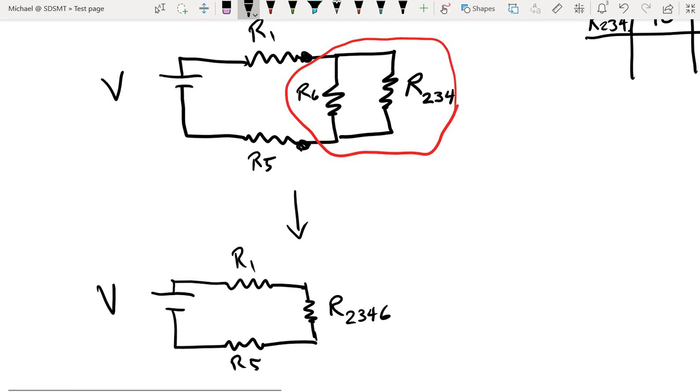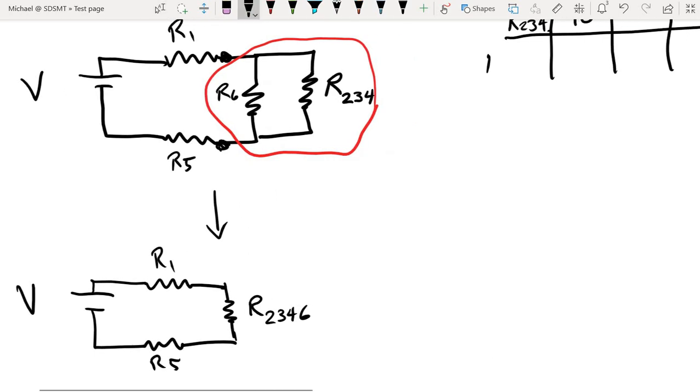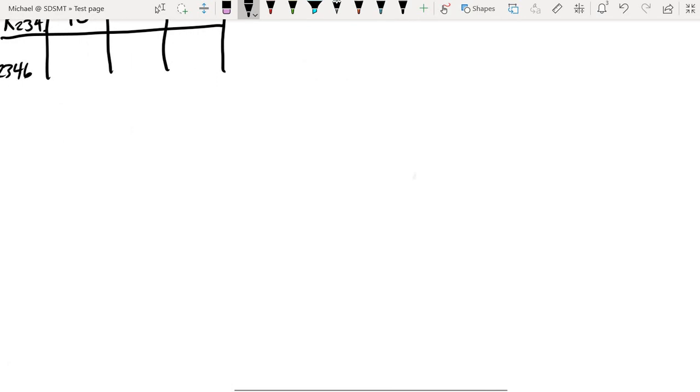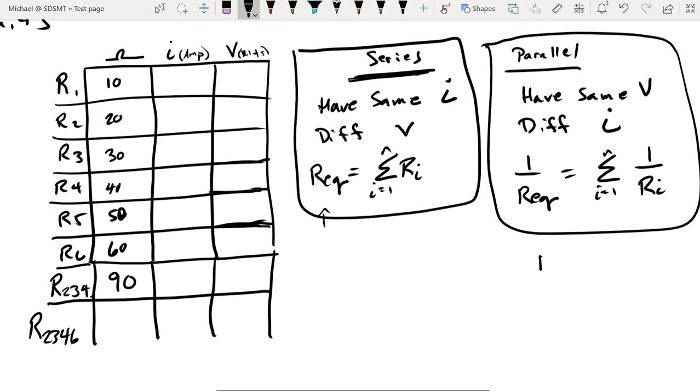I know this is not a very original naming process, but it does the job. And I need to know what the value of that resistor is. To find that, since resistor 6 and resistor 234 are connected in parallel, I have to use the inverse summation method.